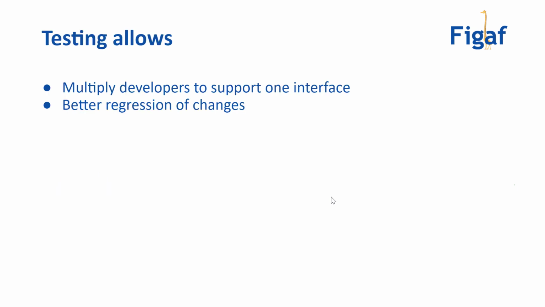So we start out with testing, and I think the testing is important because, as I said, this would allow multiple developers to actually support one interface. In our normal world, you have a contractor in, and they will move on, and you will be able to support it better.